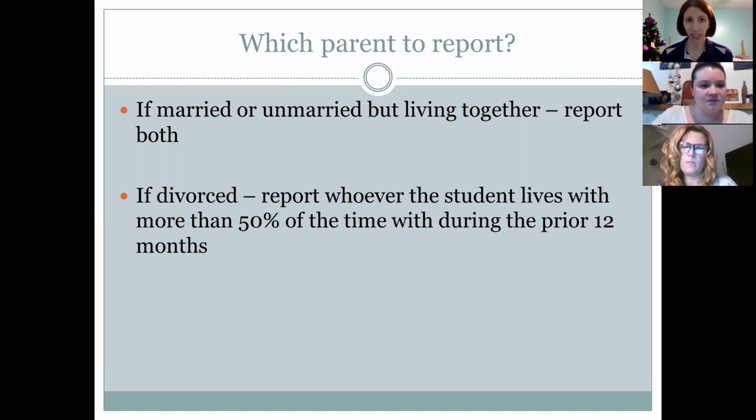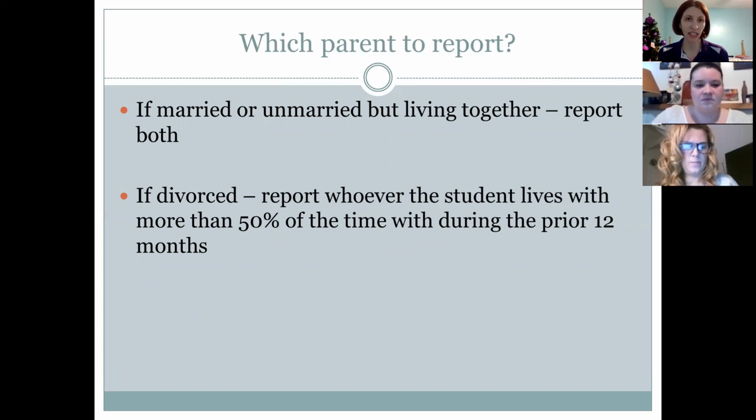So if your parents are married or if they're unmarried but living together, then you would report both parents' information on your FAFSA. If your parents are divorced, you would report whoever you as a student live with more than 50% of the time during the prior 12 months. I know, technically there's 365 days in a year, so you really can't be 50-50, but I know there are some court cases that say 50% joint custody.